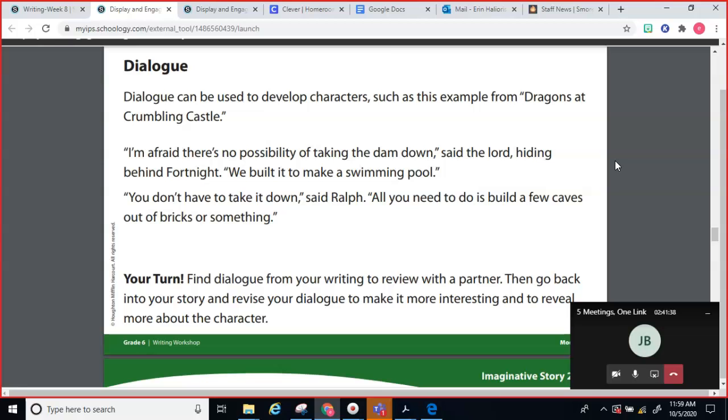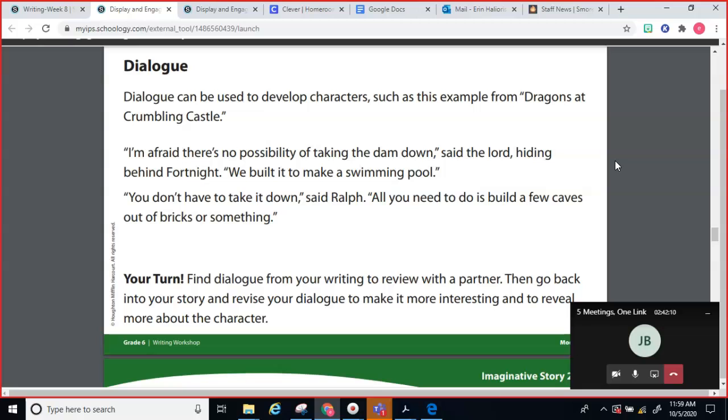What about Ralph? What does his dialogue reveal about him? "You don't have to take it down. All you need to do is build a few caves out of bricks or something." How is he acting right now towards the Lord? Helpful. He's being helpful. I use this word a lot at the beginning of the year.